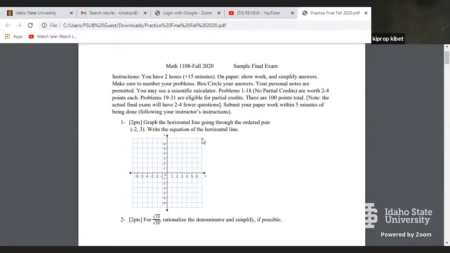The equation of the horizontal line. So what does that mean? Actually, these are very tricky quizzes or exams. So you must be very careful and you must know what you're doing.